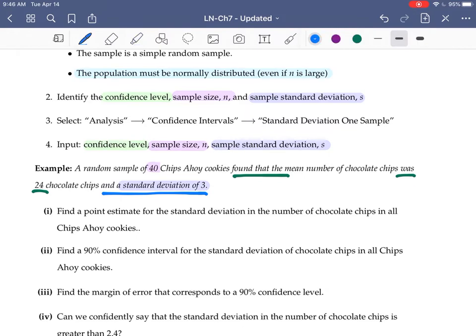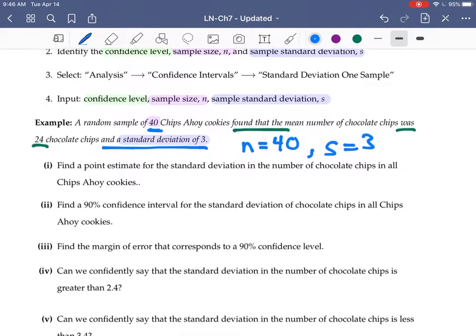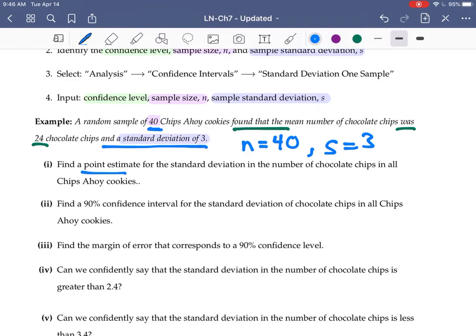If I were to jot these things down, we have N is equal to 40, our sample size. We have not sigma, it's a sample standard deviation, S is equal to 3. First we're going to find a point estimate for the standard deviation of the number of chocolate chips in all Chips Ahoy cookies.